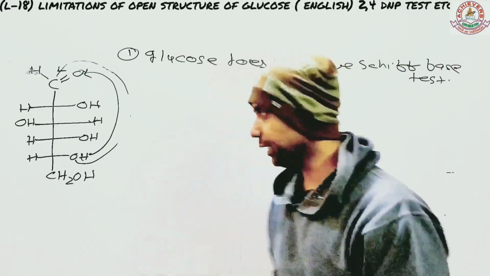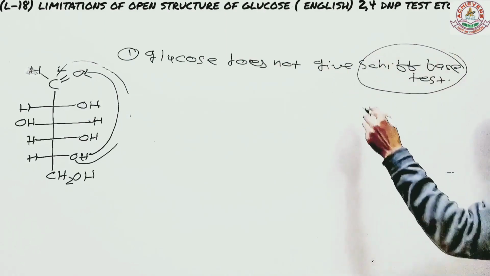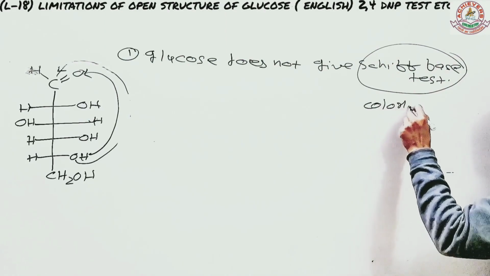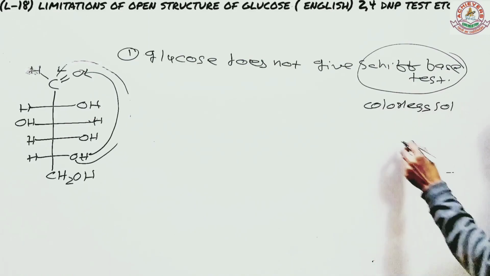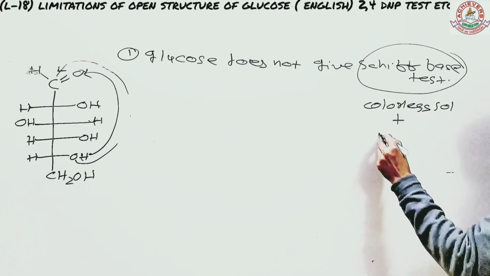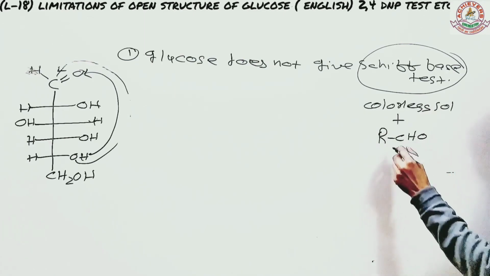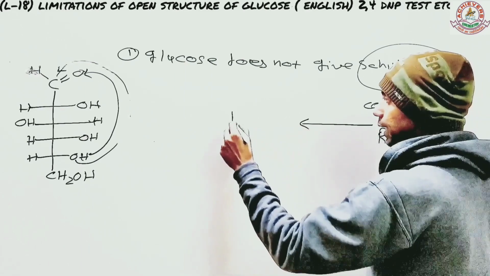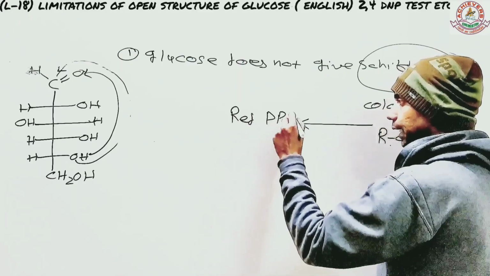So what I would say is that you need to understand that this is a colorless compound, a colorless solution. When it reacts with an aldehyde, pay attention, it results in a red color precipitate.